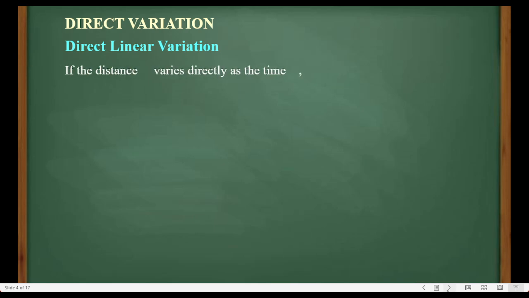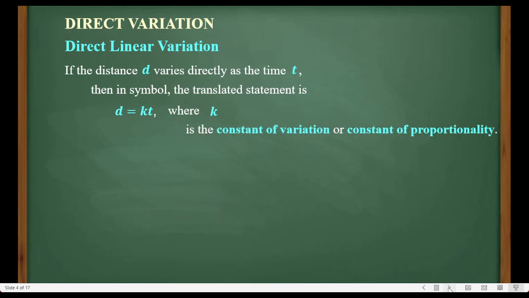Let's take, for instance, if the distance d varies directly as the time denoted by small letter t, then in mathematical symbol, the translated statement would be what? d is equal to kt, where k is again the constant of variation or the constant of proportionality.